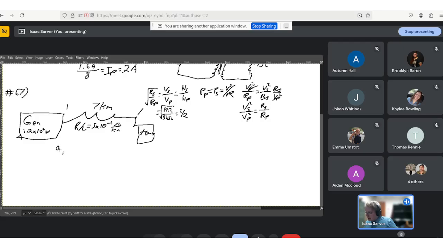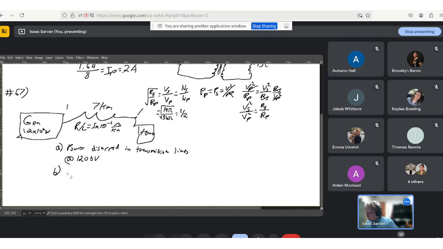So, part A, power dissipated in transmission lines at 1200 volts.